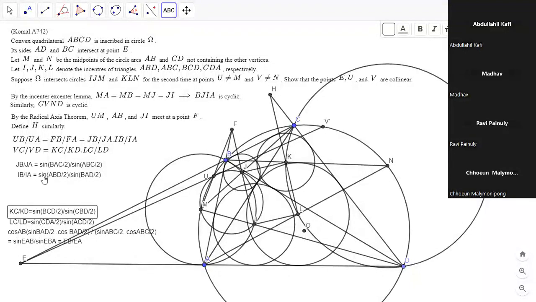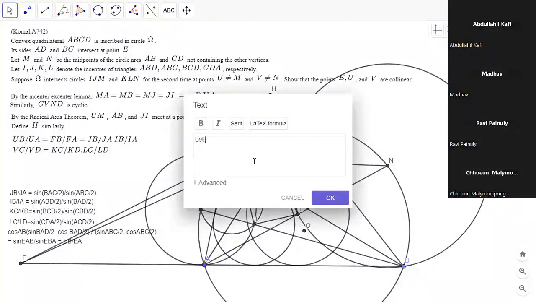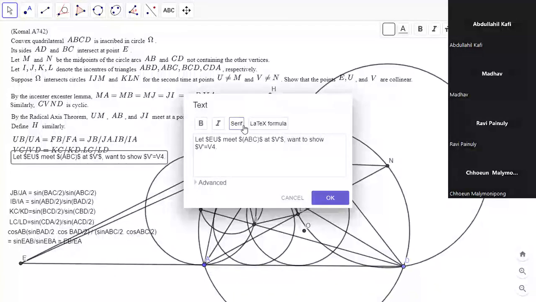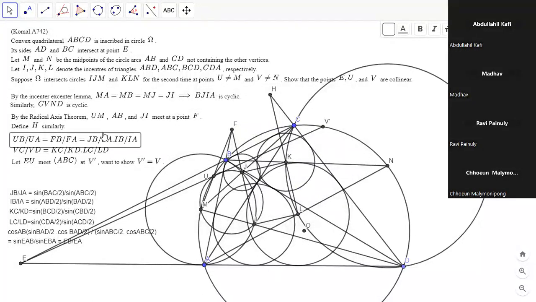So let EU meet the circle at V prime, and then we want to show V prime equals V. And then we have those other ratios you mentioned, which I'm going to copy in.